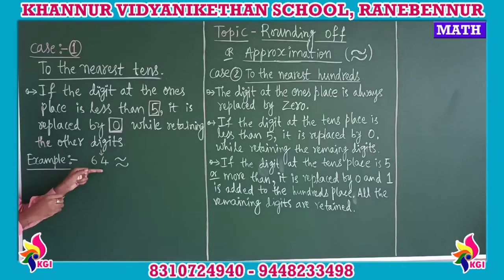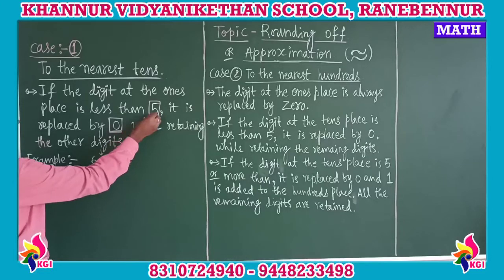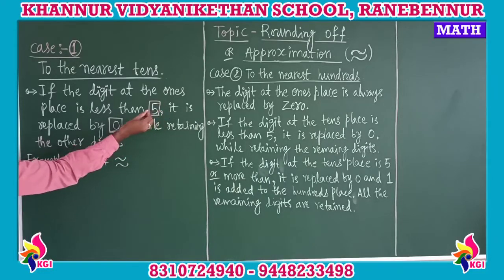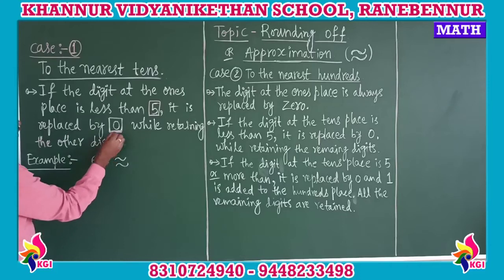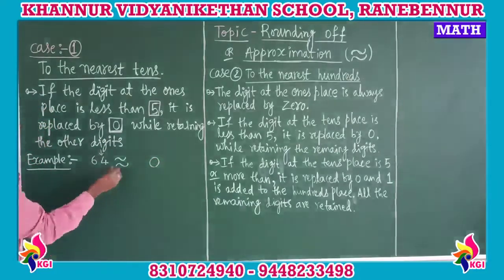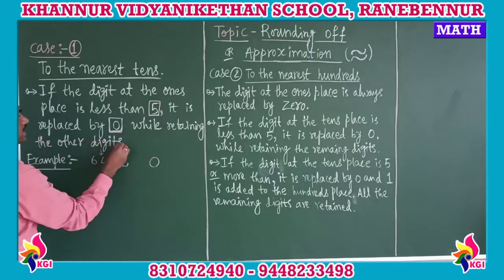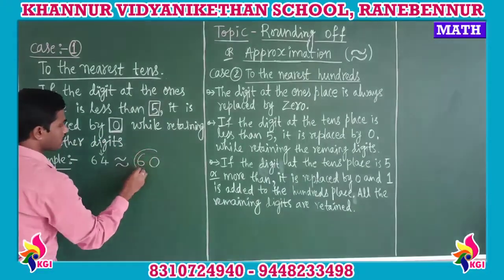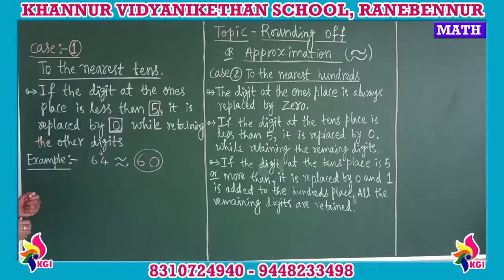In the ones place, what number is that? That is 4. 4 is less than 5. Then it is replaced by 0. So instead of 4, you write 0, while retaining the other digits, so 60 is the rounding off number. Understood?